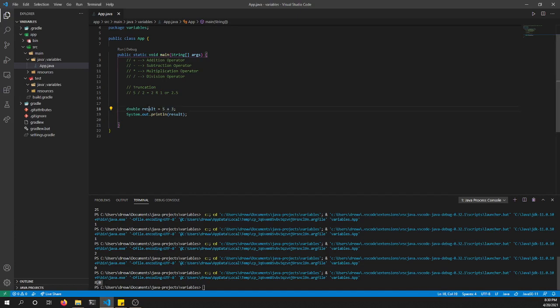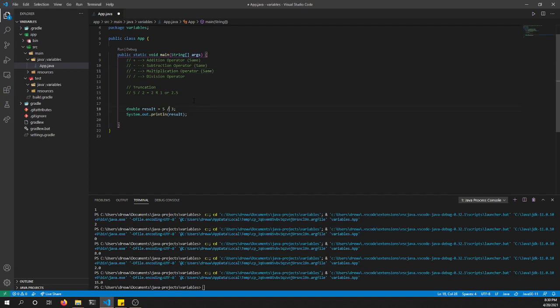It's because that result is a double. If I do 5 minus 3, I get 2.0 again because it's a double. If I do times 3, I should expect 15.0, and that's what I get. So far, we know that addition, subtraction, and multiplication all work the same.